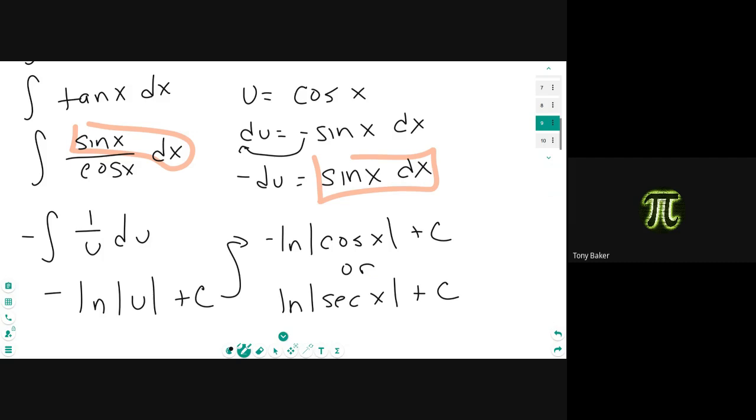What should I change to make the negative ln of cosine of x into the ln of secant x? What happens in logs when I have exponents?